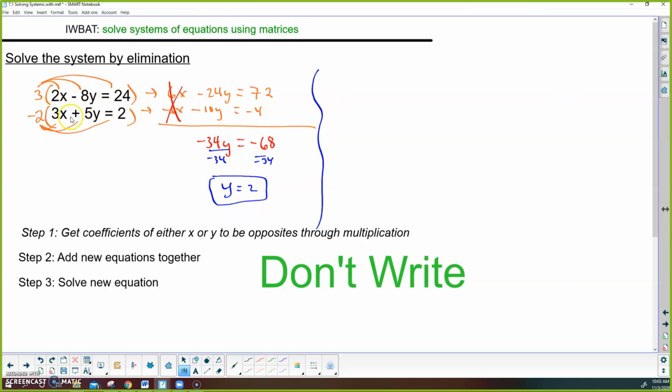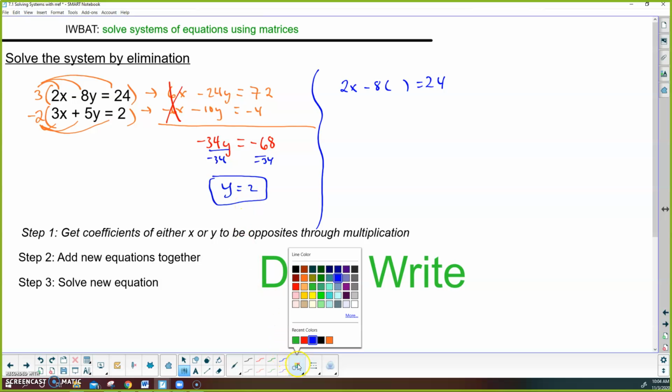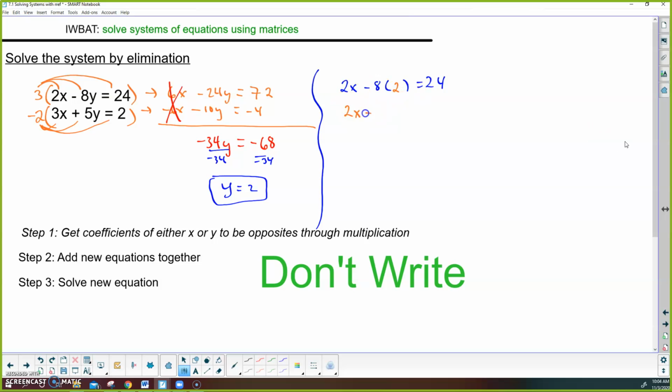Well, then I pick any equation. It could be the multiplied one, it could be the original. I like to pick the easier one, so I'm going to pick the very first one, the top equation. Now we're going to plug y equals 2 right into there. And now it's just quick algebra. Go ahead and solve.